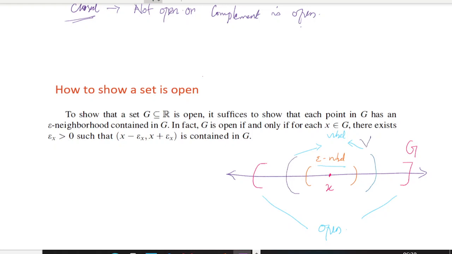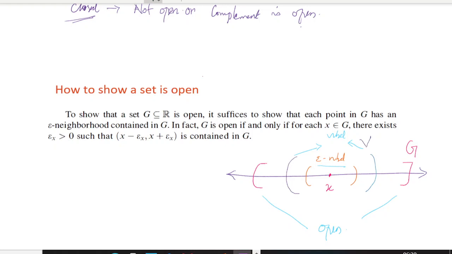Can you follow? First of all, we have said that G is open means for every x belongs to G, there should exist a neighborhood of x which is completely contained inside G. Now, when you say that a set V is a neighborhood of x, that means V should contain an epsilon neighborhood of x.